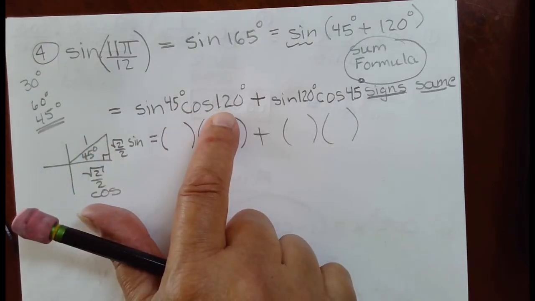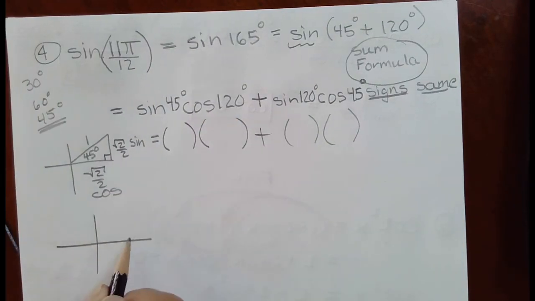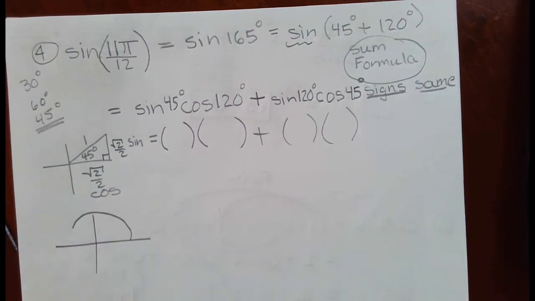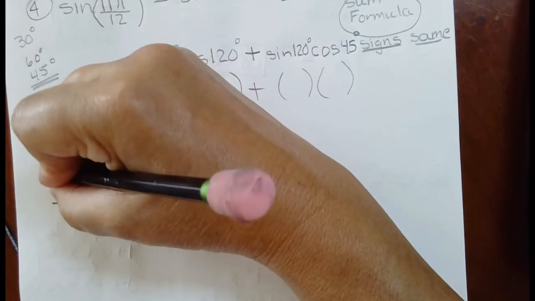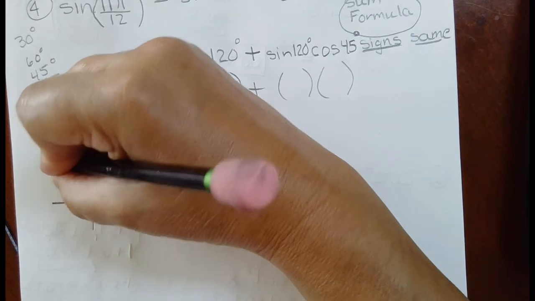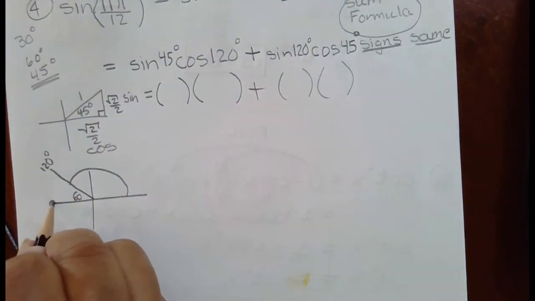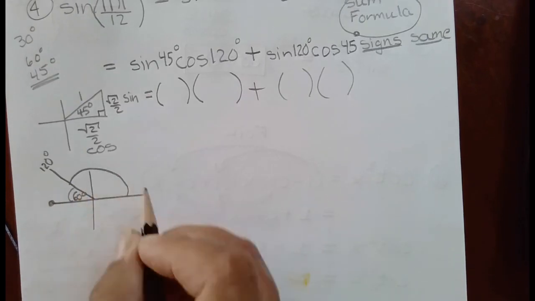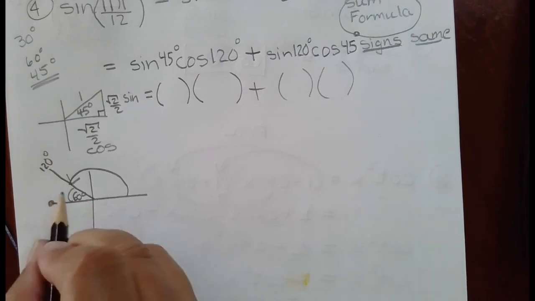That means we are 60 degrees away from the 180 mark. This would be 60 degrees. This would be 120 where this hypotenuse is, 60 degrees short of making the 180 mark, which is the pi location. Come down.